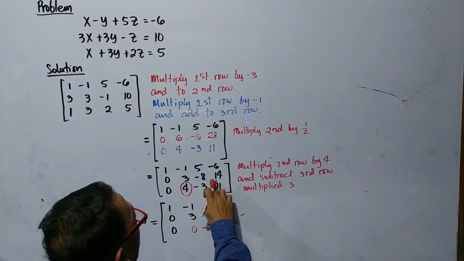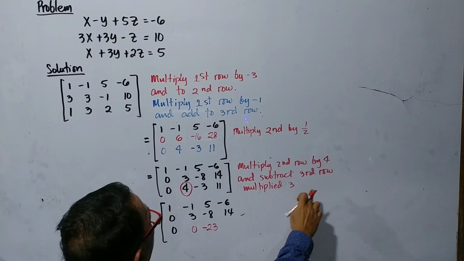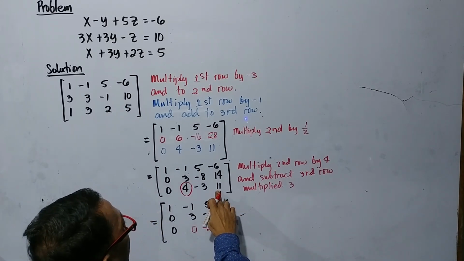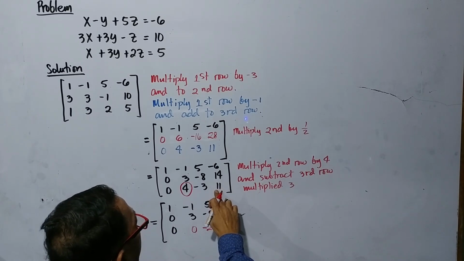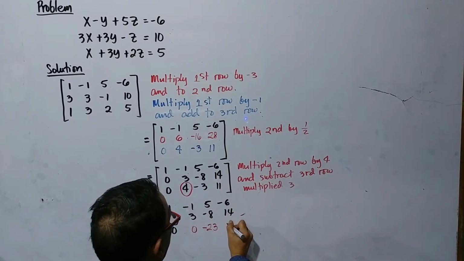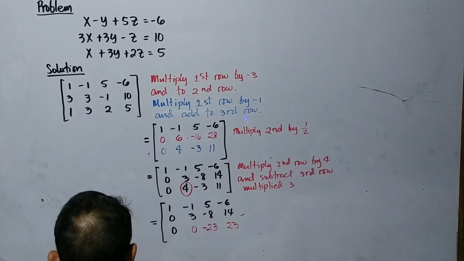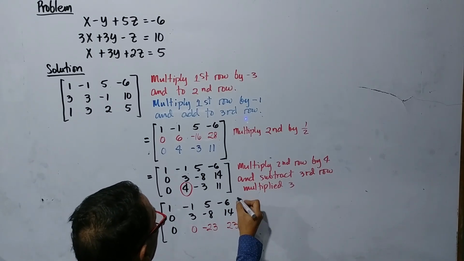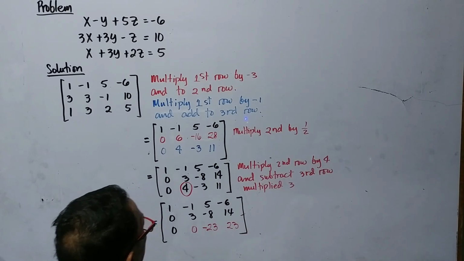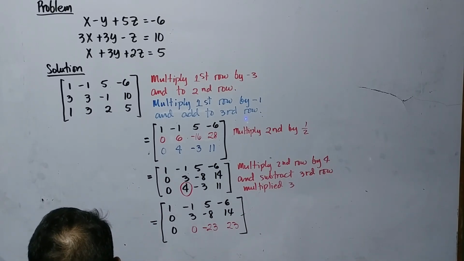Then 14 times 4, 56, minus 11 times 3, which is 33, equals 23. Okay.